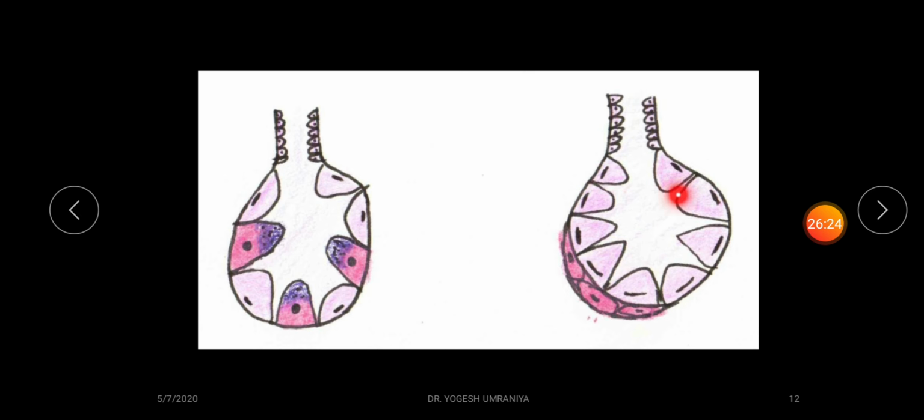And in this one the fixation of the tissue is done by the formalin type of fixatives. So that is the difference as far as the fixation of the tissue is concerned.